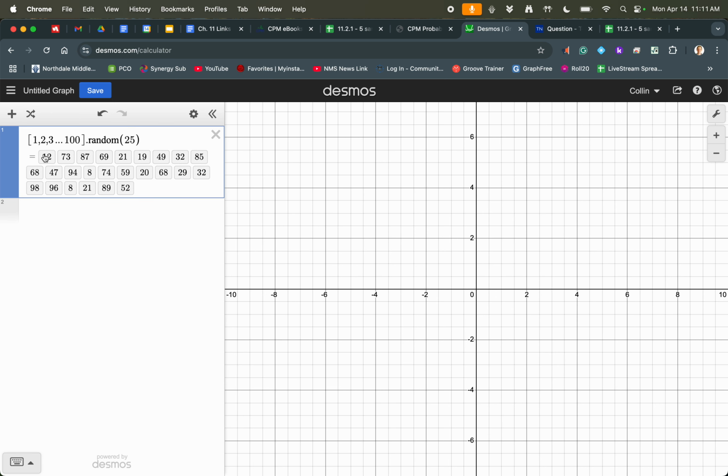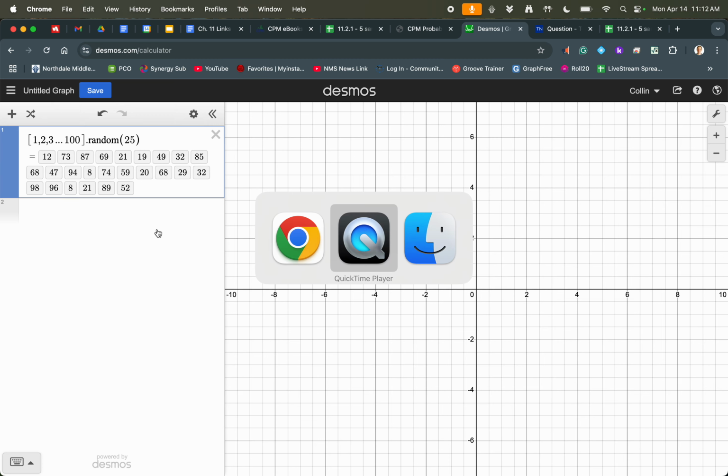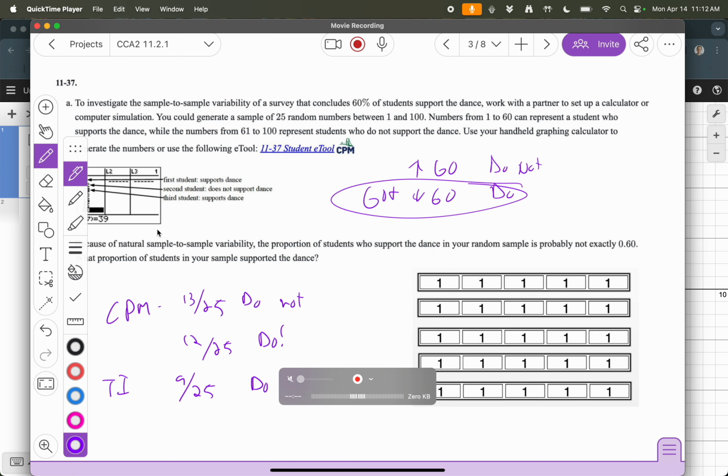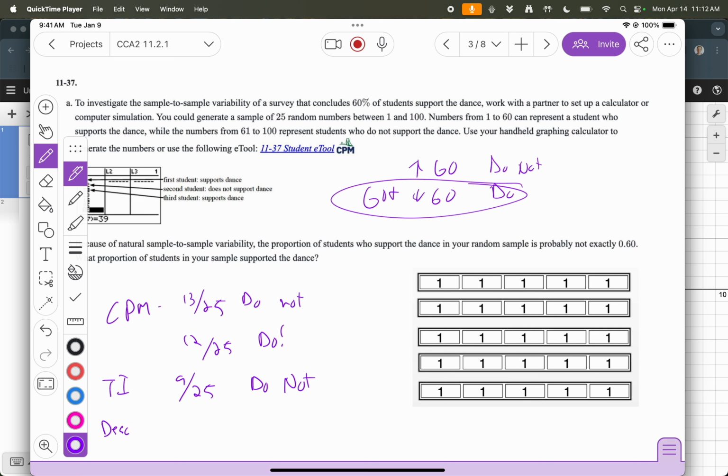And let's just randomize here. So I've got 1, 2, 3, 4, 5, 6, 7, 8, 9, 10, 11. So in my Desmos list, I've got 11 out of 25 that do not.